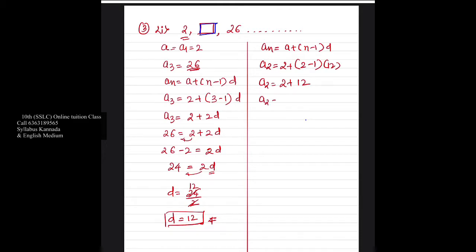So a2 is equals to 12 plus 2 is 14. So this is the a2 value. So ಈ ಬಾಕ್ಸ್ನಲ್ಲಿ ವ್ಯಾಲ್ಯೂ ವಿಲ್ ಬಿ 14.